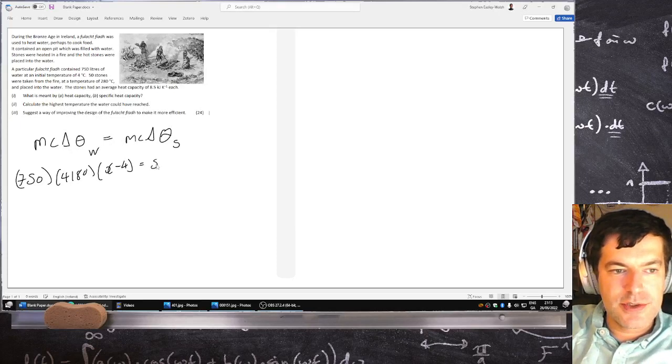50 stones, an average temperature 280. And just be careful with the K here, it's kilo, so that's 8,500. Oh, what's the mass?